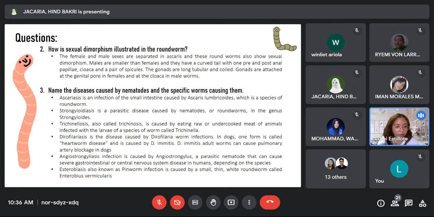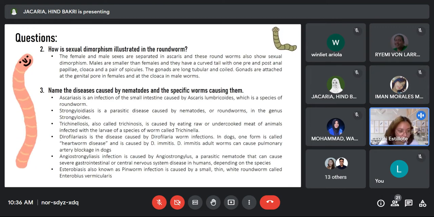The dirofilariasis, it is the disease caused by Dirofilaria worm infections. In dogs, one form is called heartworm disease and is caused by D. immitis. These D. immitis adult worms can cause pulmonary artery blockage in dogs.